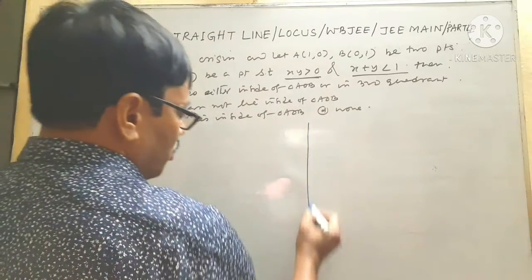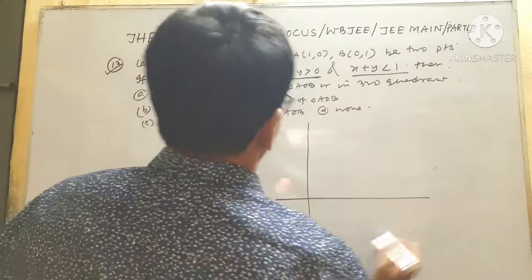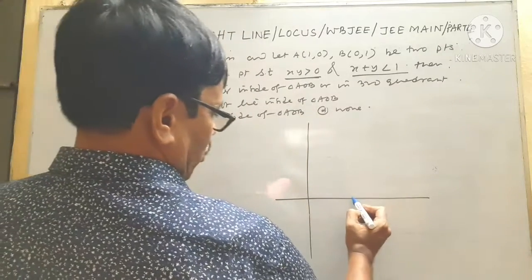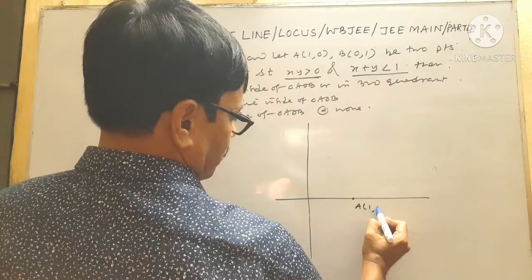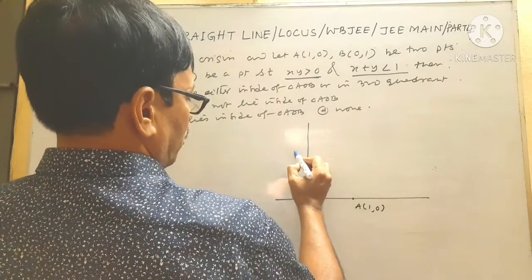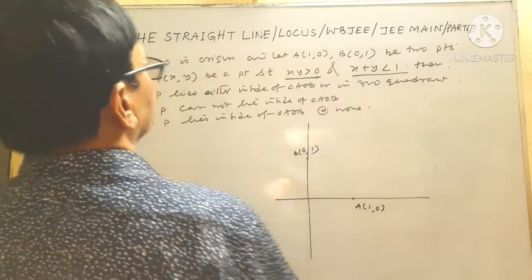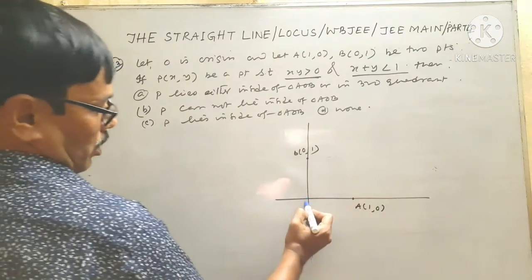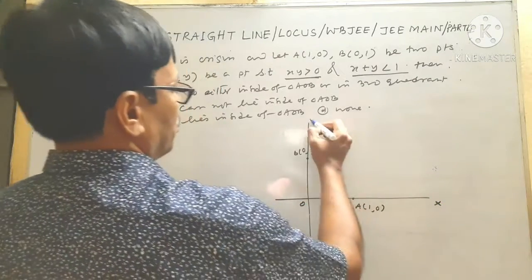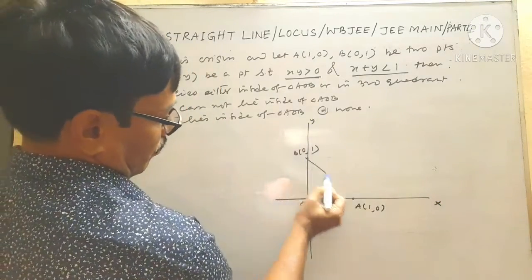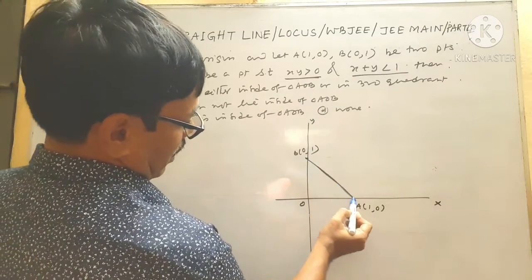If we draw the figure, this is A(1, 0), this is B(0, 1), and O is the origin. So we are getting a triangle AOB.